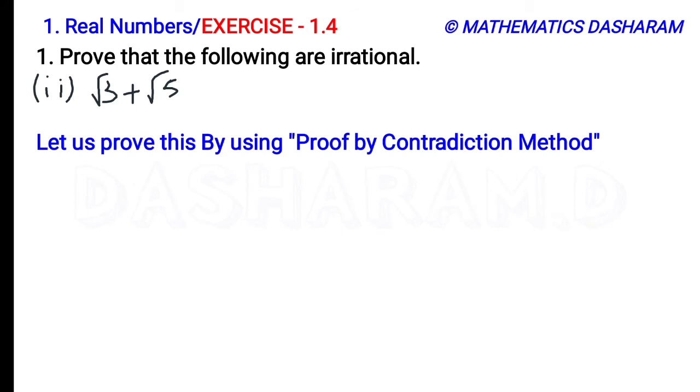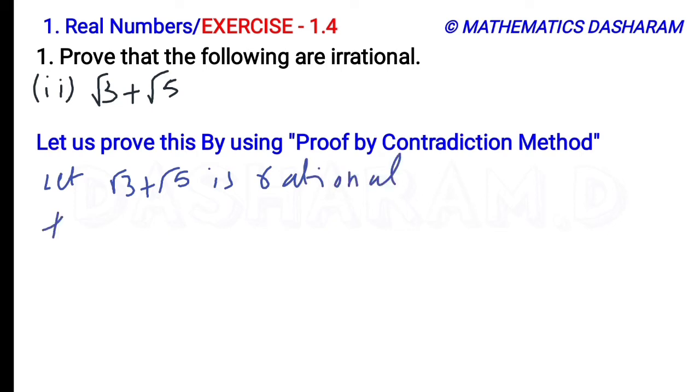Second question, root 3 plus root 5. Let us prove this by using the proof by contradiction method. Let root 3 plus root 5 be a rational number. If it is a rational number, definitely it will be equal to p by q form, where p, q are integers.